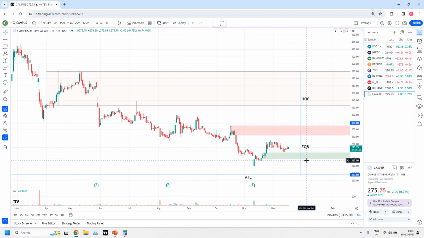Remember, all these concepts are only going to give you the money and also going to save your money when the prices are moving against your trade plan. The stop loss will help you to save your capital.